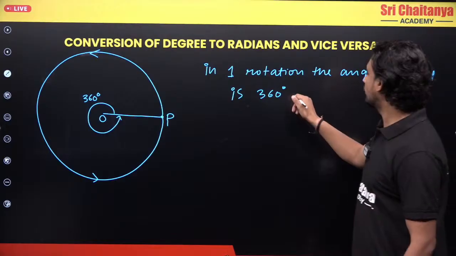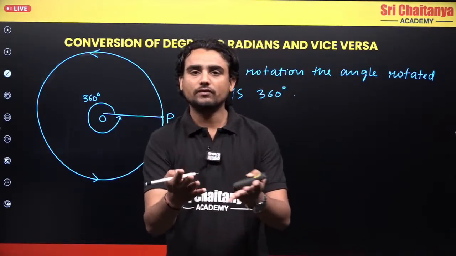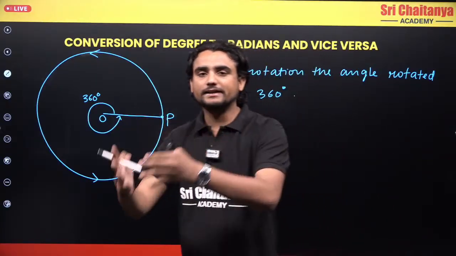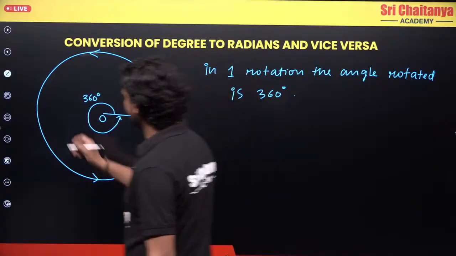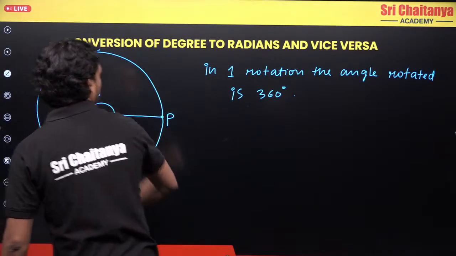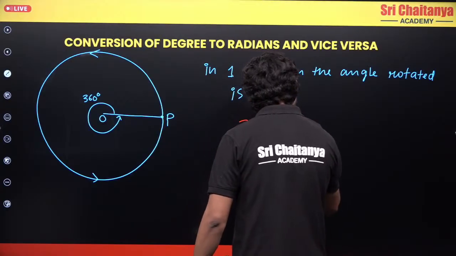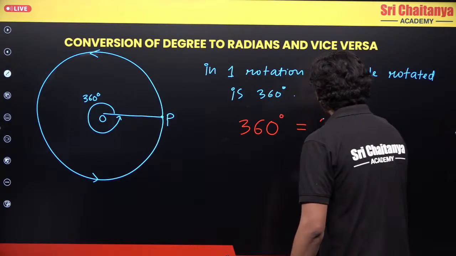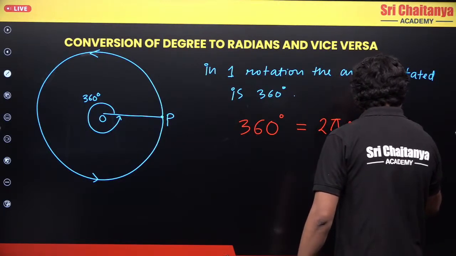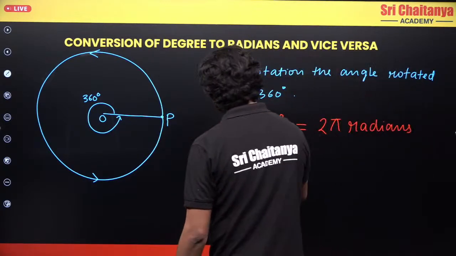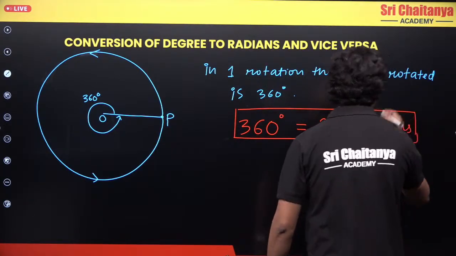But what are we doing here? We are finding how many degrees is how many radians, or how many radians is how many degrees. Basically we are finding the conversion. So 360 degrees is equal to 2 pi radians. This is very useful and very important.